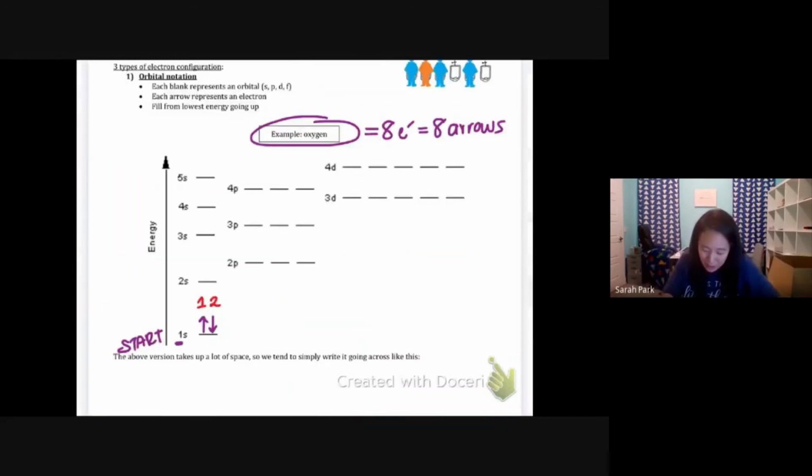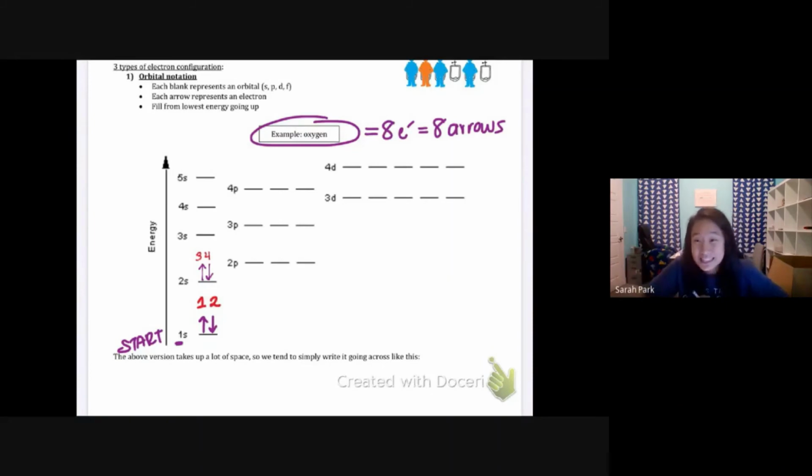So you go here, and you can fit 2 electrons here, 1 up, 1 down. That is electron 3 and electron 4.